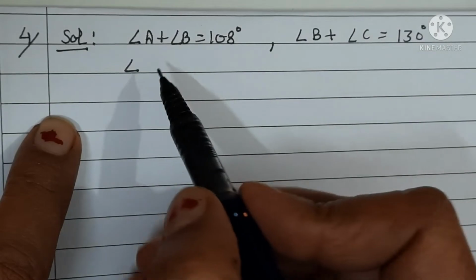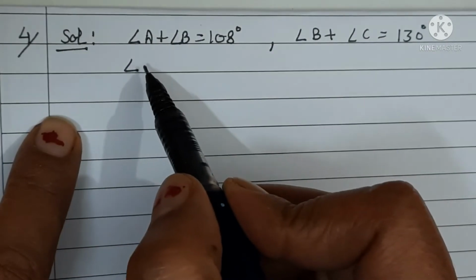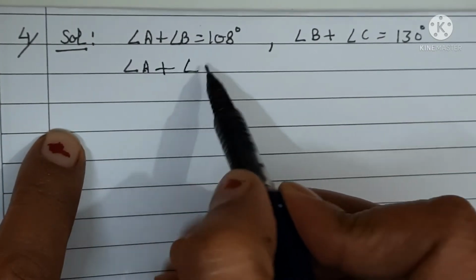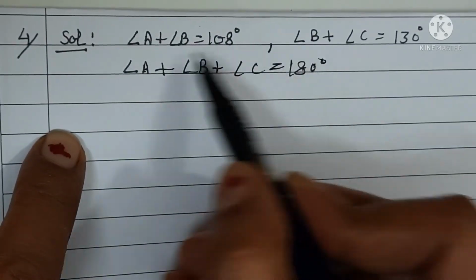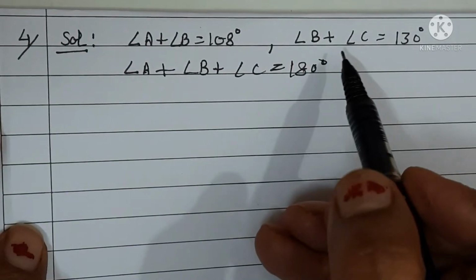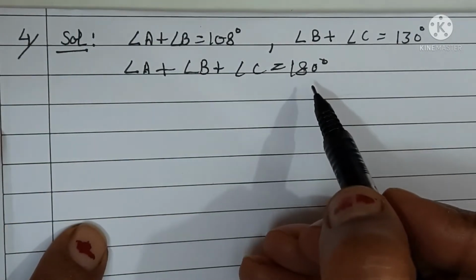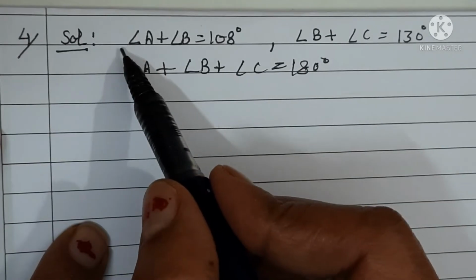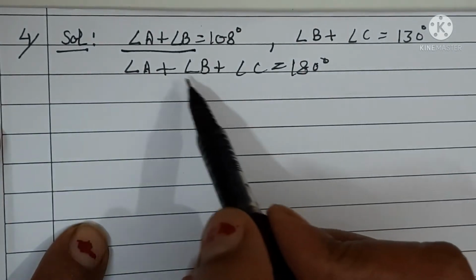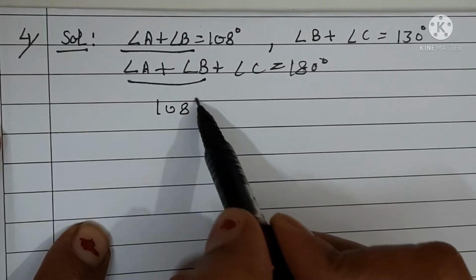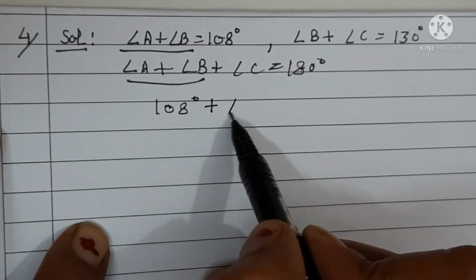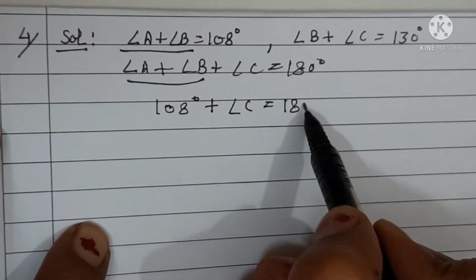Now we can easily write angle A plus angle B plus angle C is equal to 180 degrees, because these are the angles of a triangle, so the sum will be 180 degrees. Here we substitute this value in the equation. So A plus B, which is 108 degrees, plus angle C is equal to 180 degrees.